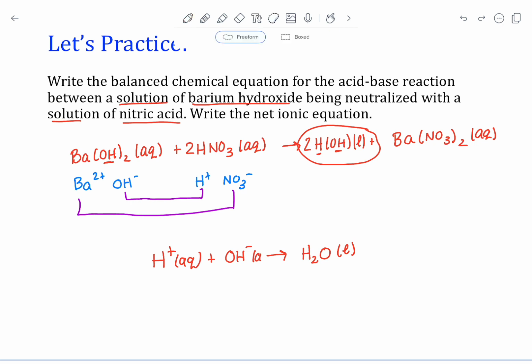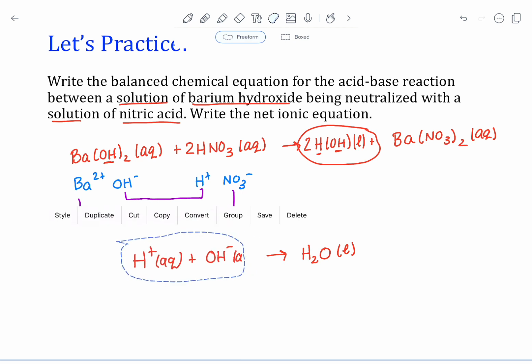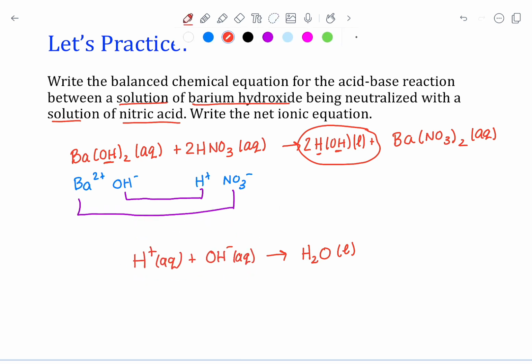Let's move this over. In our balanced equation, we had 2 waters, 2 hydroxides, and 2 H pluses.